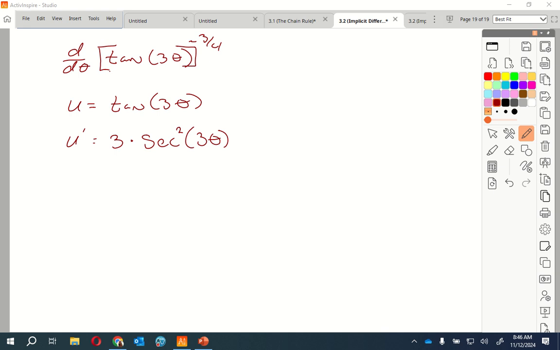Alright, now let's rewrite it with my u. So this is u to the negative 3 over 4. Take the derivative, I get negative 3 over 4 u, and I'm subtracting 4 over 4. That's a 4. Okay. So that would give me a negative 7 over 4 times u prime.